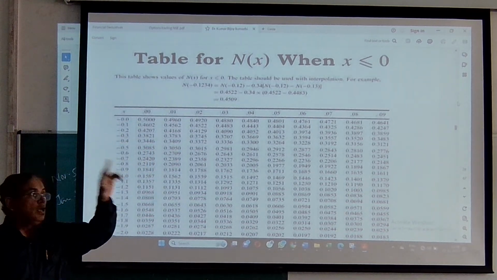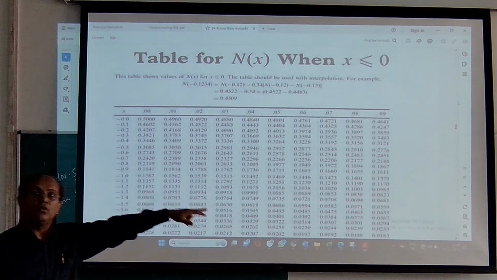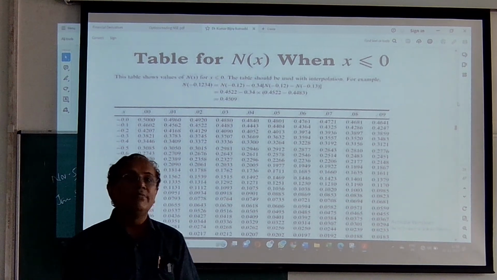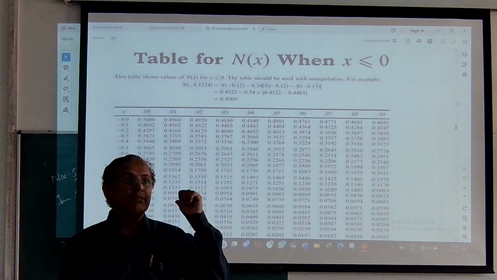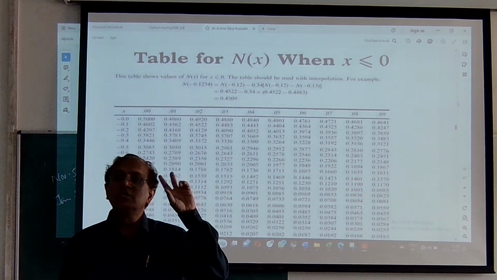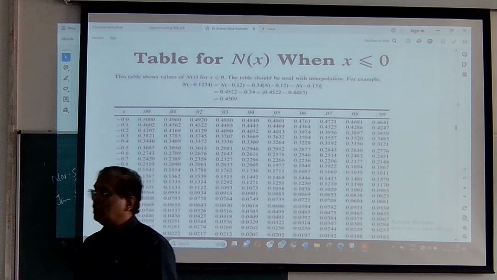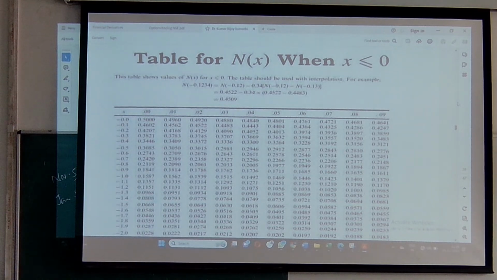If D1 or D2 were negative, we should have used this table. But our D1 and D2 are both positive, so I will shift to the positive table.